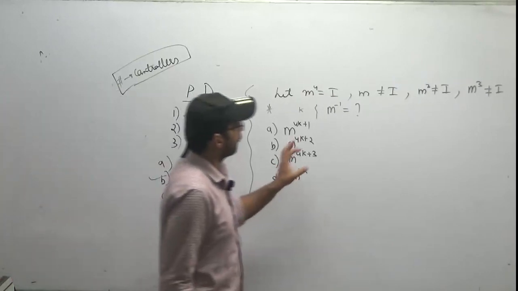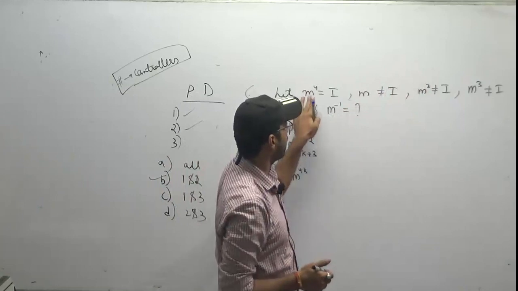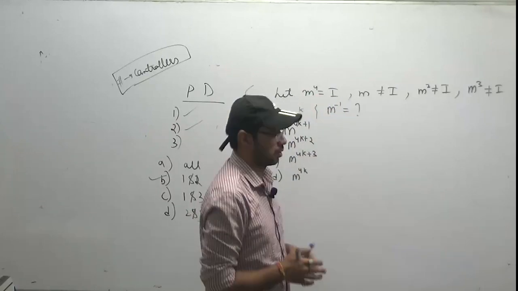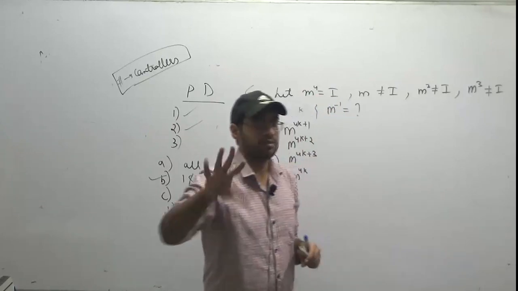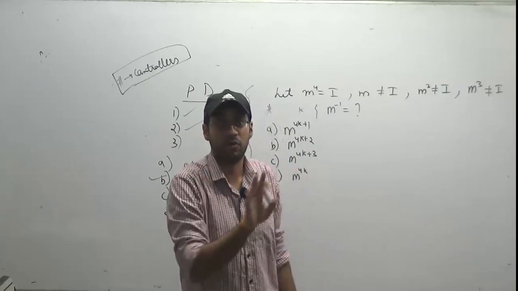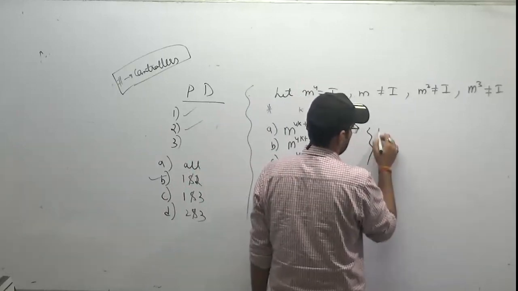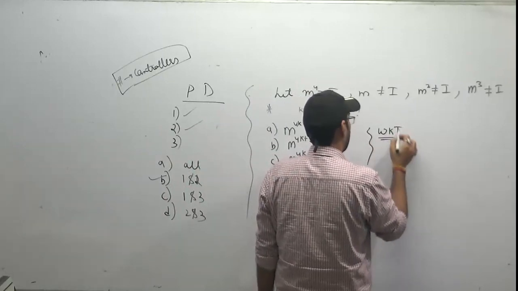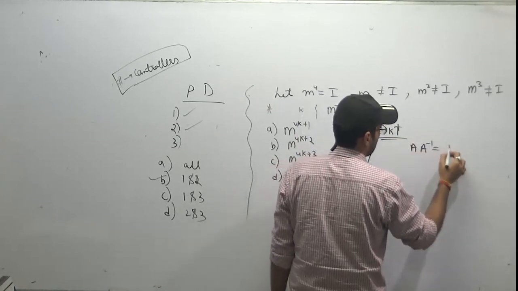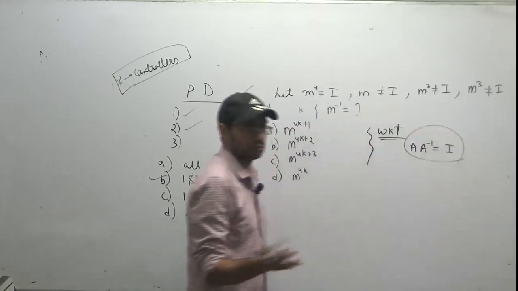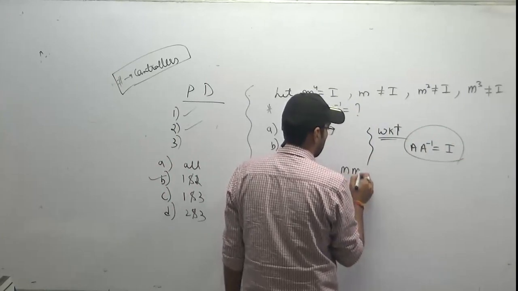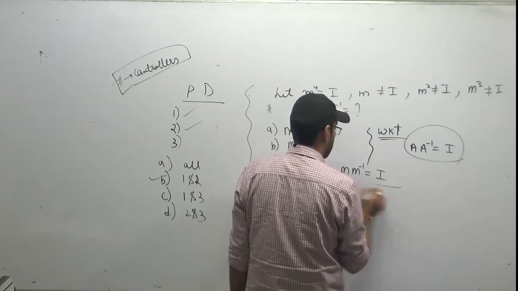If you have such a question that contains M^4 or any power of M that is equal to I, and they are asking about M inverse, so M and M inverse are there in the question, the first thing that should come to your mind is that we know A into A inverse is equal to I. Or in this case, M into M inverse is equal to the identity matrix.